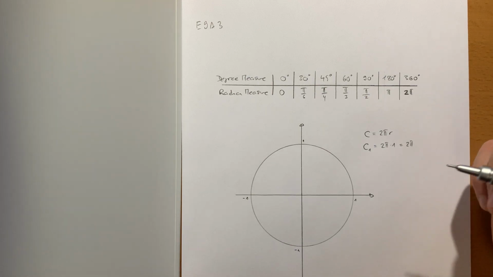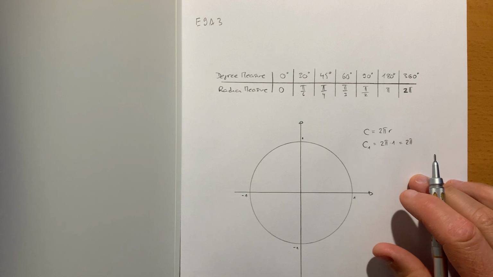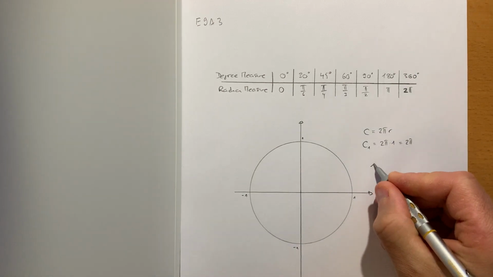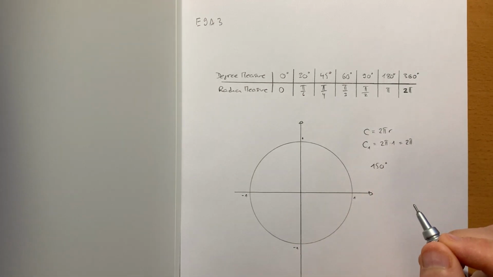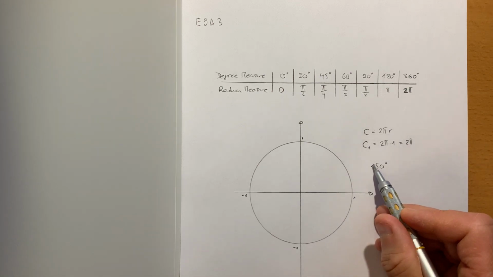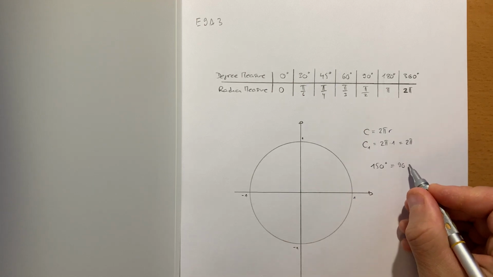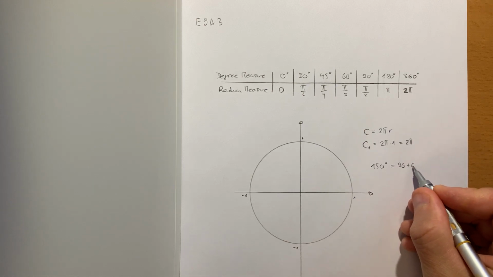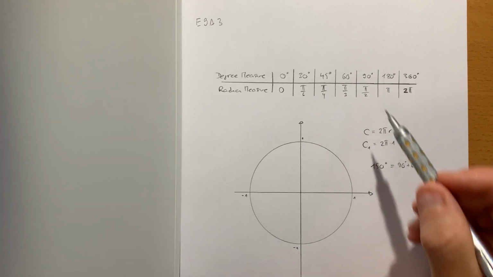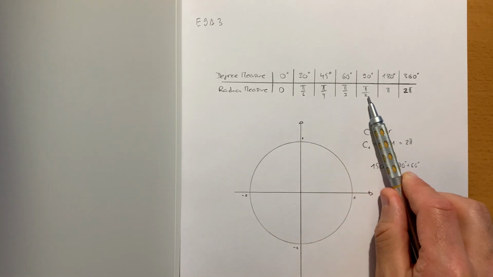For example, if you had to deal with 150 degrees, that would correspond to what? Well, you can see it's 90 plus 60 degrees. So you could add up the 60 degrees plus the 90 degrees.